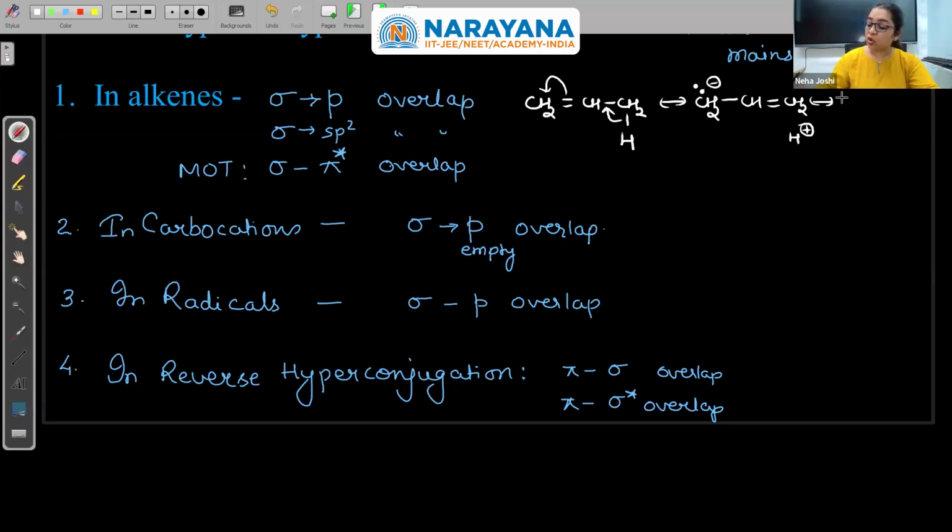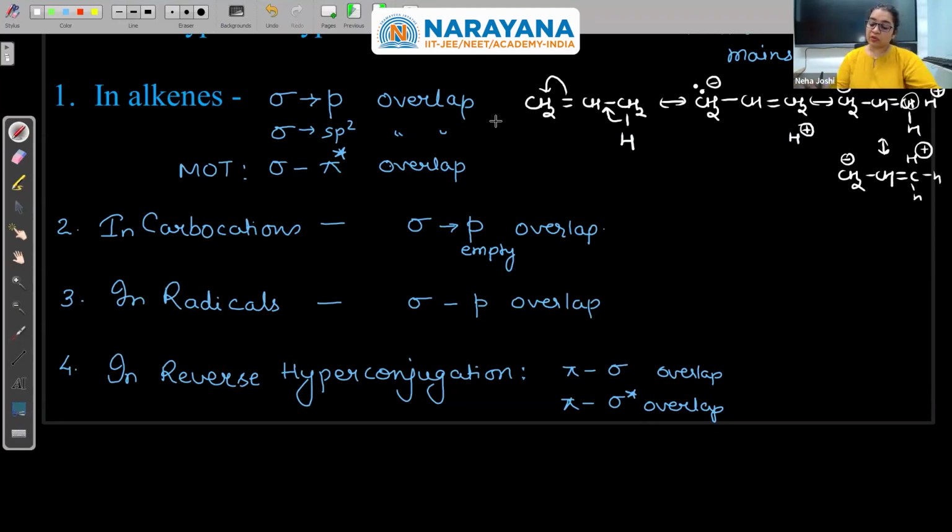I have CH2, so there is a possibility that once I have this H bonded and some other H is gone, then this H is gone. CH2 minus, CH double bond C, H, H and H plus.